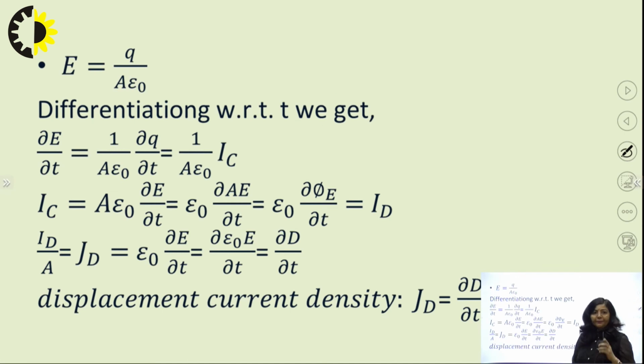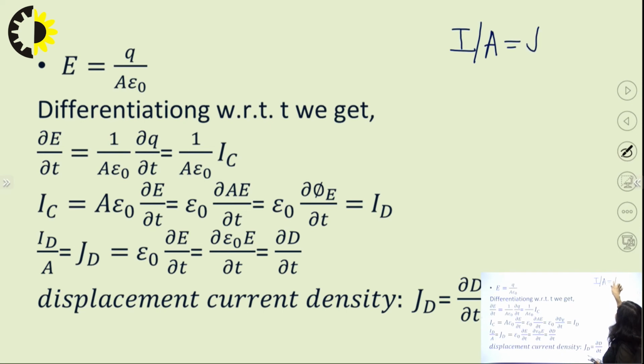Now, I mentioned in the first slide that we are going to cover one more term related to displacement current, and that term is displacement current density. As you all know, for ordinary current or conduction current, current per unit area is known as current density.